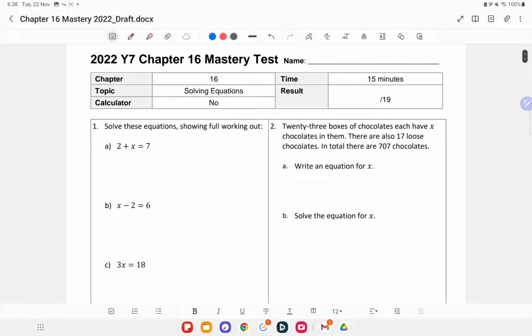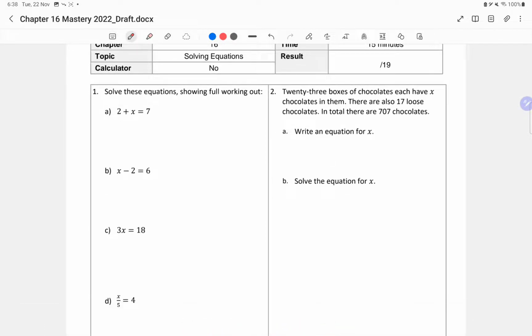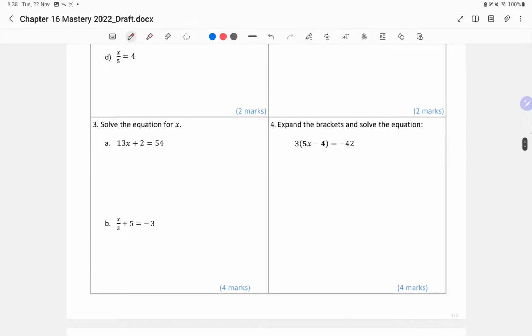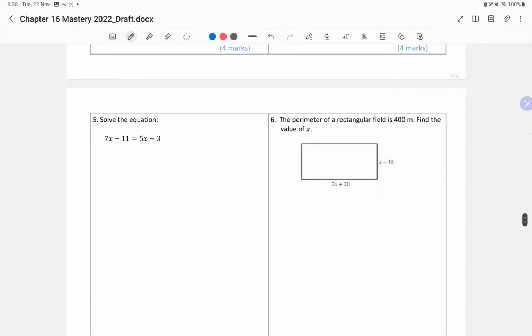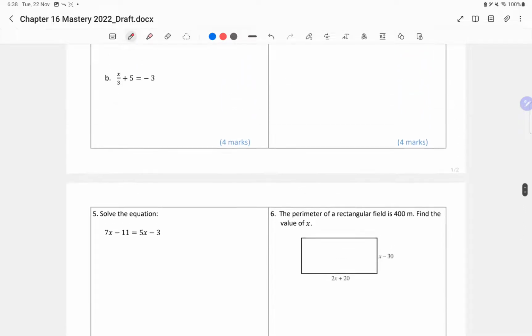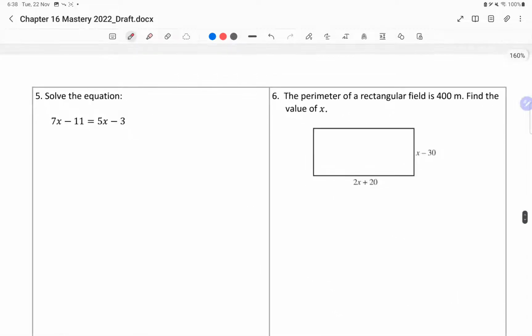Okay, what was your mark for this one? No, I didn't do that one. I can't find it. You should be able to get most of these, except for... I think the hardest one for you should be question 6 here.